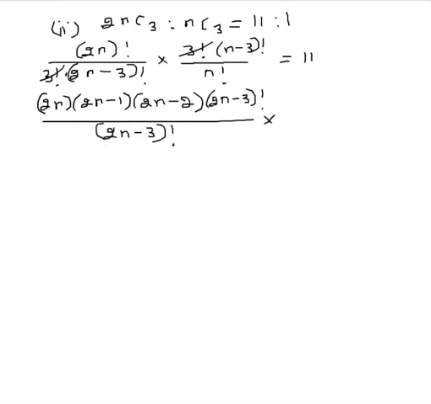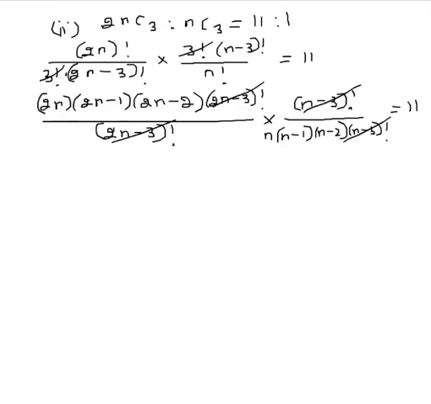multiplied by n minus 3 factorial divided by, let us write n factorial as n times n minus 1 times n minus 2 times n minus 3 factorial, equal to 11. Cancel these common factors. We can cancel n and this n minus 1 could be cancelled here.